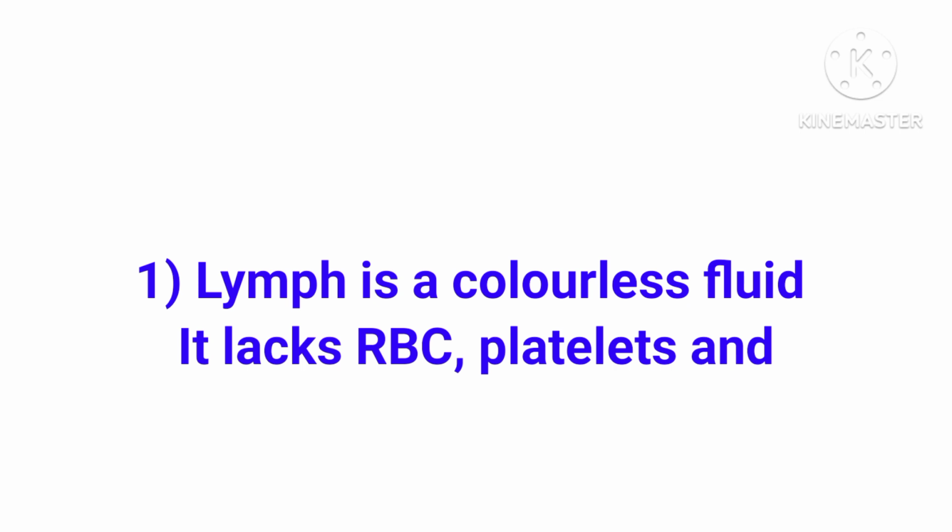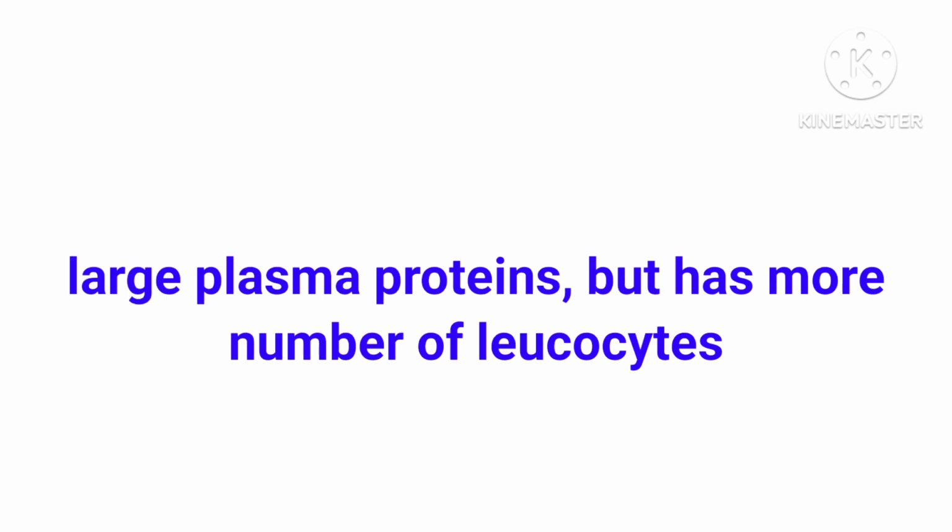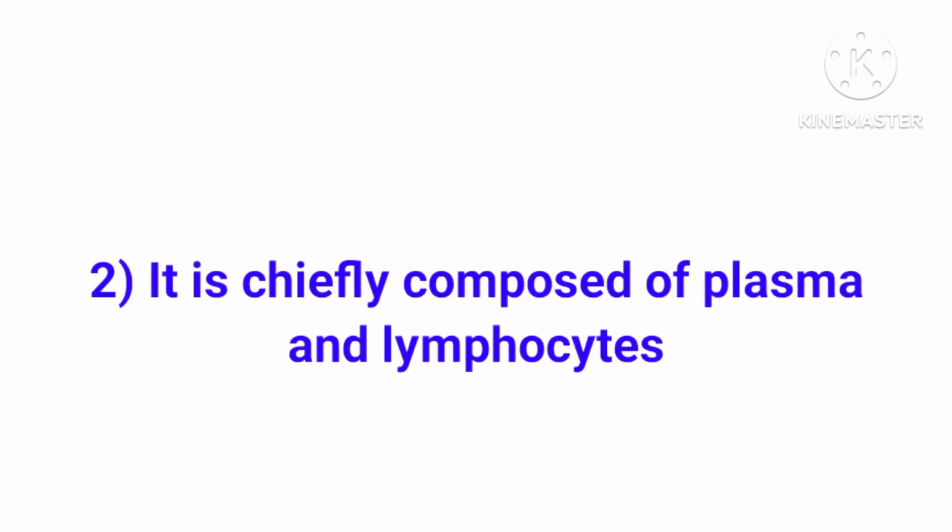Lymph is which fluid? Colorless fluid. It lacks what? RBC, platelets, and which proteins? Large plasma proteins, but has how many leukocytes? More number of leukocytes. It is chiefly composed of what?